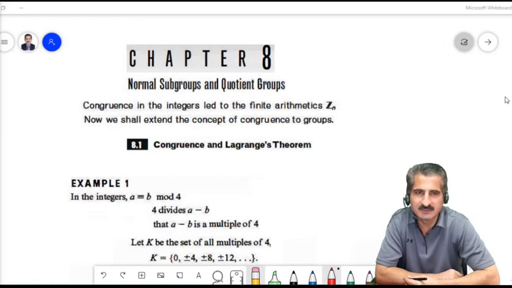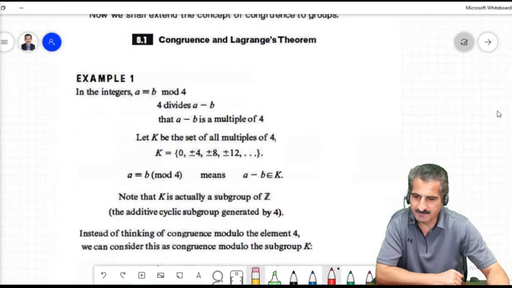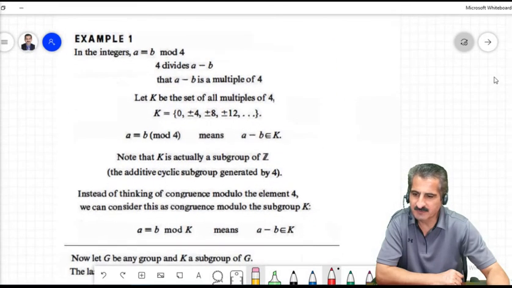We worked with congruence classes, and we showed that every two of them are either disjoint or identical, and so on. We will generalize these topics to groups, and we will start this generalization with the following example.